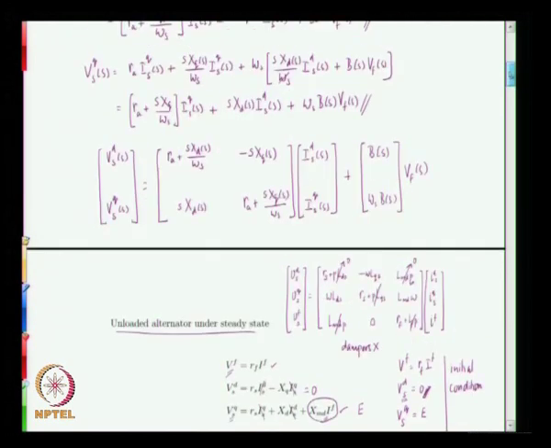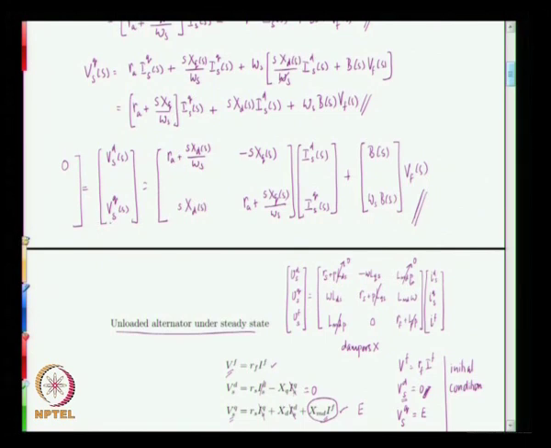which means that if we look at the earlier equation, we had derived an expression for the d and q axis here. What we are now saying is that for the system that we are now going to consider, there is no voltage applied along the direct axis, this is 0.